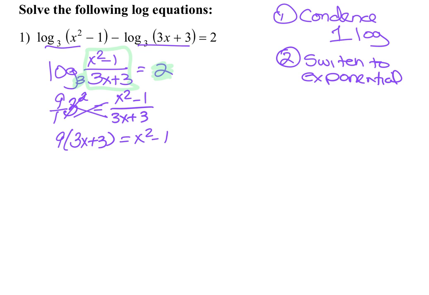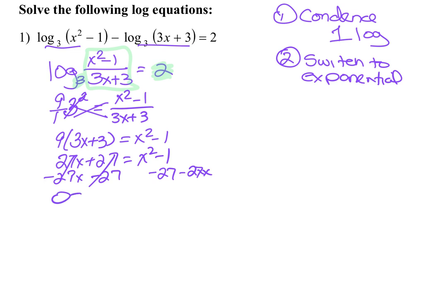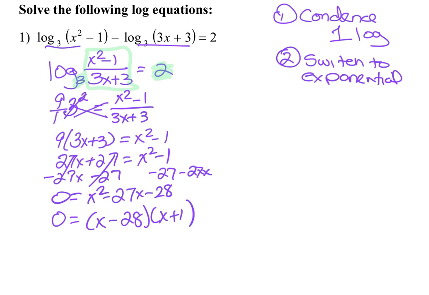This is a quadratic, so I have to put everything together and make it equal to 0. So it's x squared minus 27x minus 28. Factor, set each equal to 0 and solve, so we get 28 and negative 1.